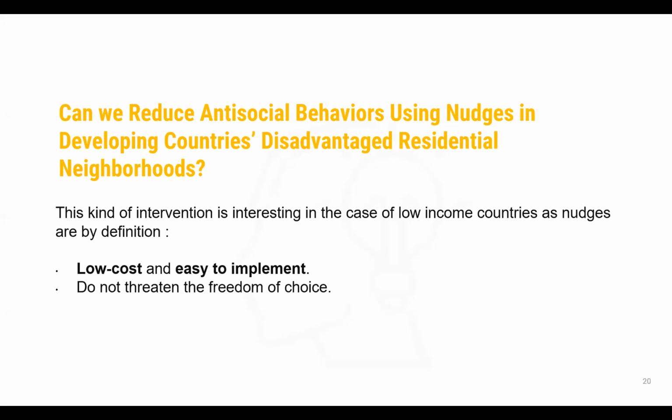This kind of intervention is especially interesting in the case of low-income countries, as nudges are by definition low cost and easy to implement and do not necessarily need a direct costly intervention of the local governments. And also do not represent a threat towards the freedom of choice and may be opted out easily by local populations.